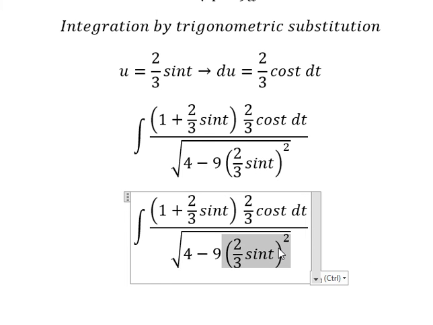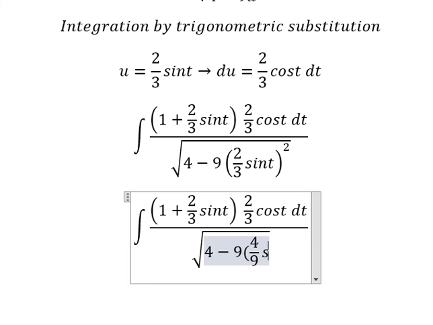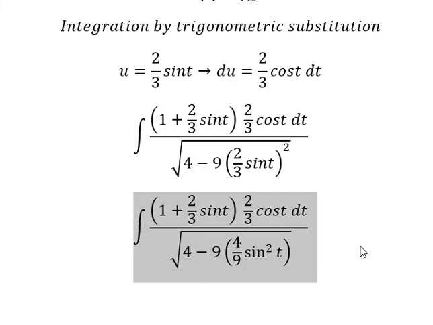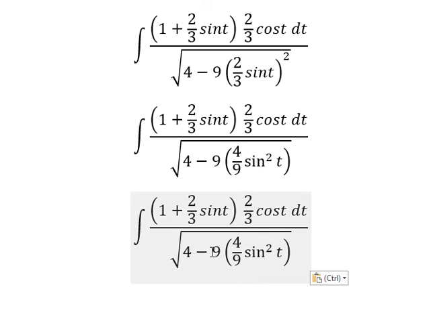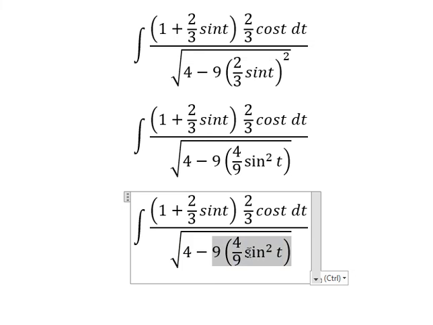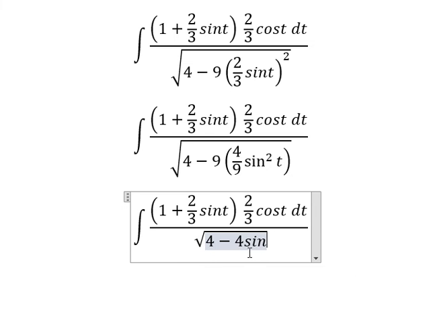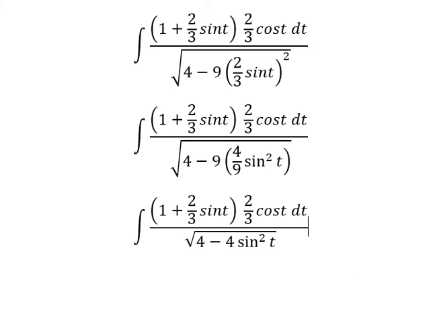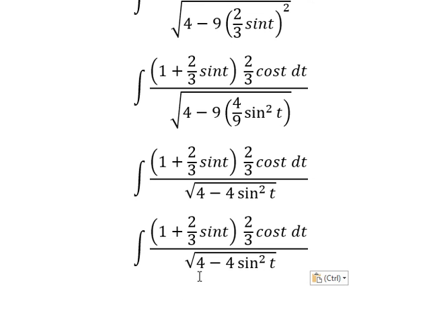This one we have 4 over 9 sine t squared. Number 9 and number 9 we cancel. So we just have only number 4 sine t squared. So number 4, we can do factorization.